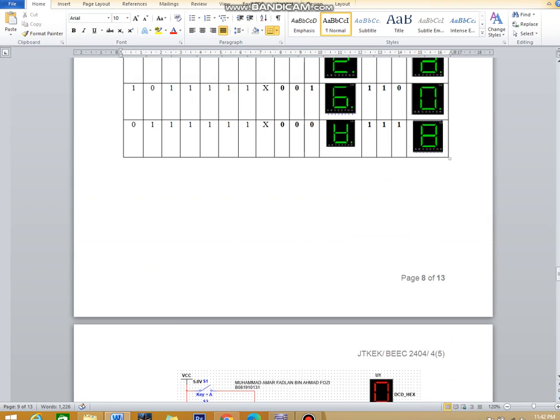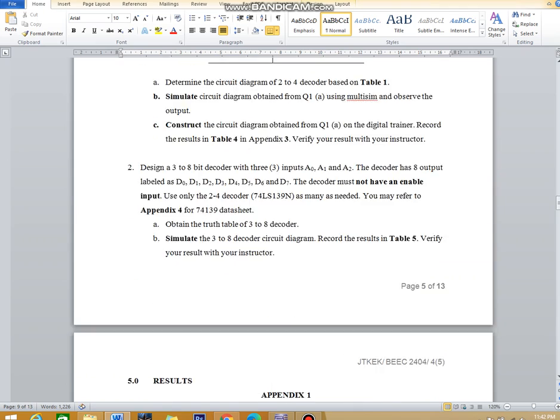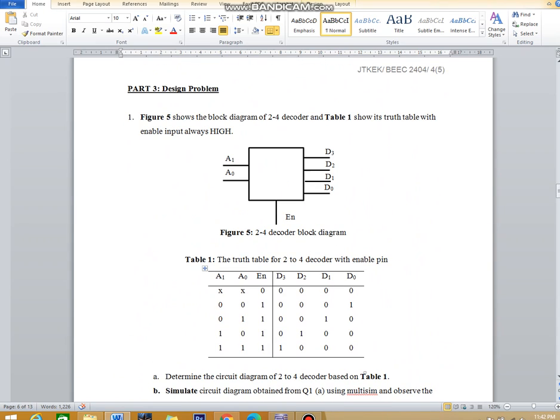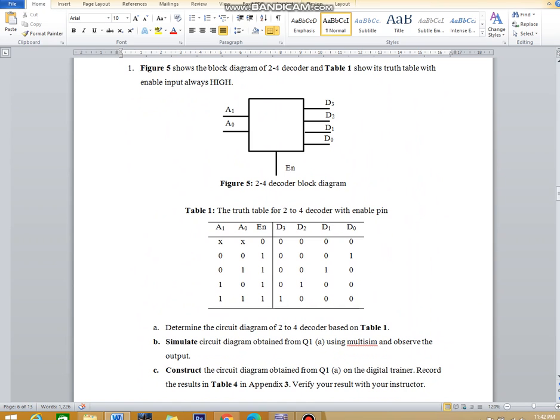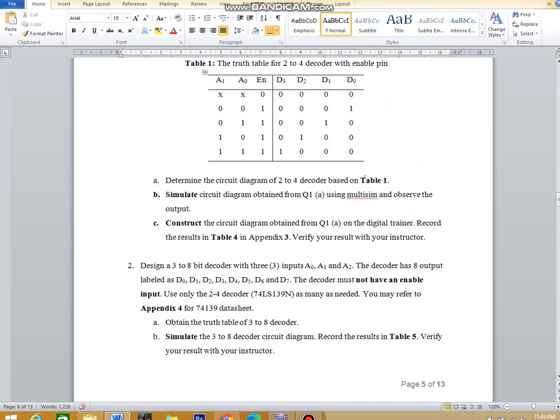So let's go through to the third part, design problem. We have 2 to 4 decoder, and with some explanation and instruction.